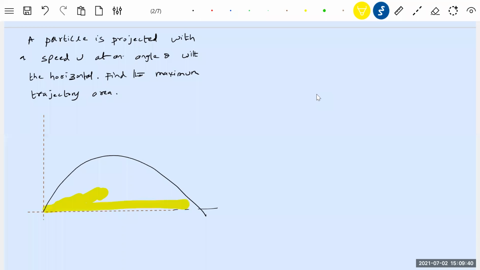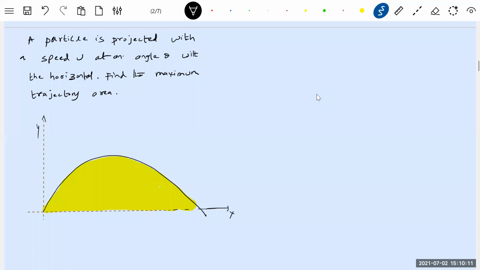We talked earlier about maximum height and maximum range. Now this area under the curve should be the maximum. This yellow color region should be maximum. For that we have to derive the conditions. If anything lies in this region, it will be covered if this area is maximum.